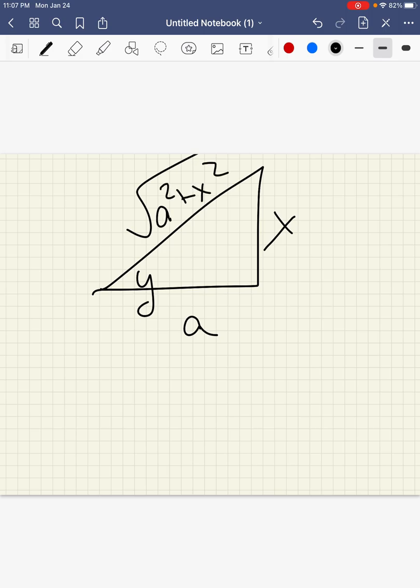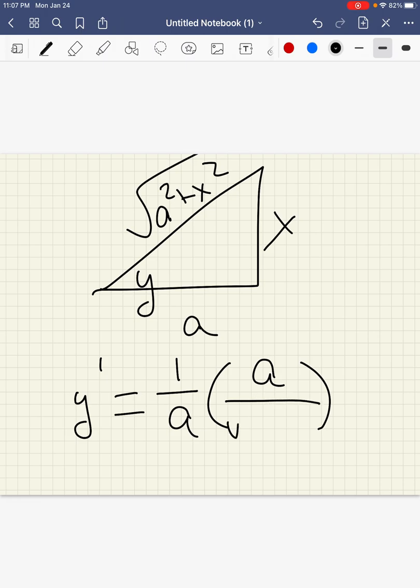So then we would have dy dx, or y prime, is equal to 1 over a times cosine squared, which would be adjacent over hypotenuse. So that would be a over the square root of a squared plus x squared. And that was cosine squared, so we have a square here.